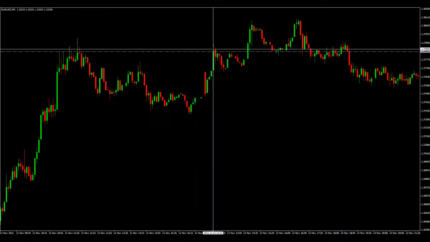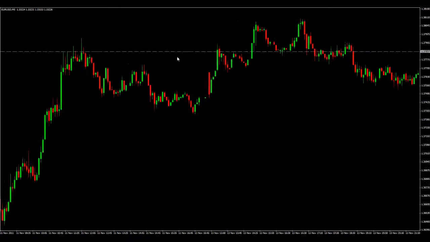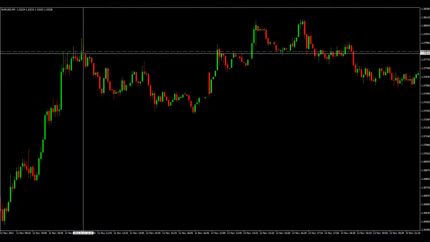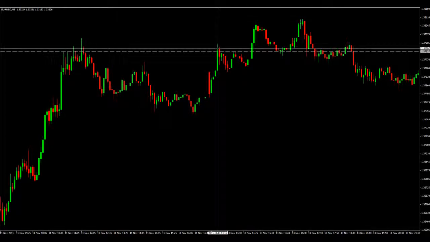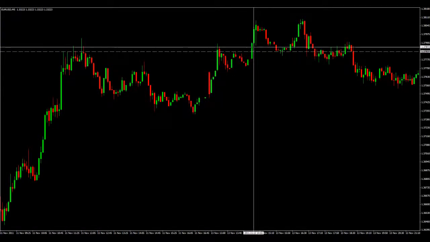And we had one that came back up and broke through this level. And this is actually going to be what's known as a resistance level, as price is moving up and it hits resistance right there and comes back down. So price broke up. So now we're going to wait for price to retrace back down and then break up again.